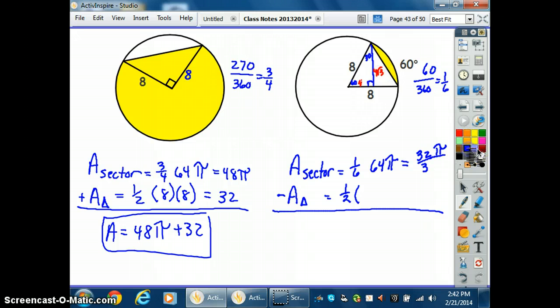So our base of the triangle, 8, our height 4 radical 3. 8 times 4 is 32, half of 32, 16 radical 3. So the area is 32 pi over 3 minus 16 radical 3.